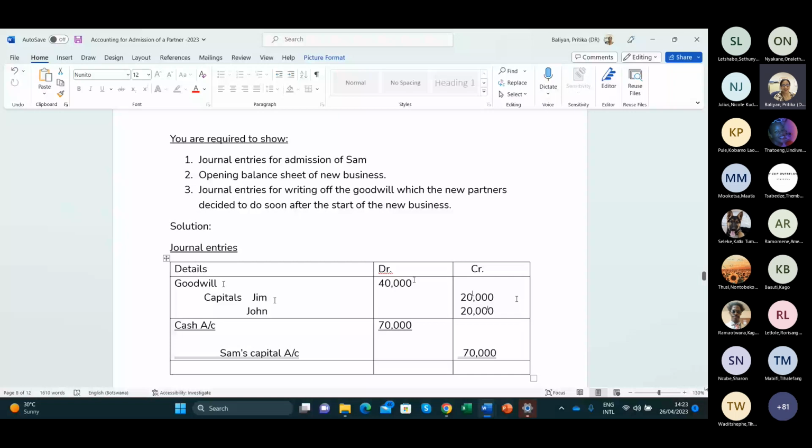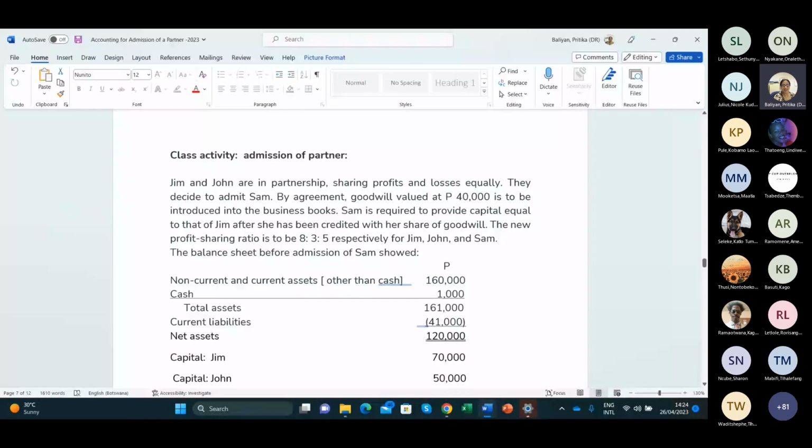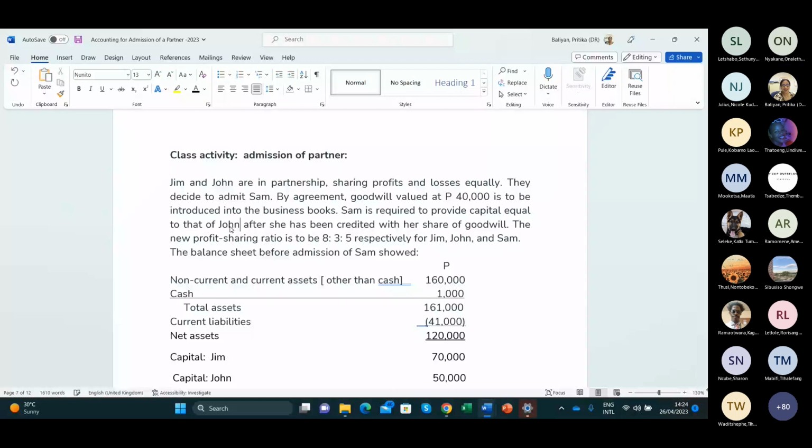Then Sam joins the business, and the question says Sam is required to provide capital equal to that of John after he has been credited with his share of goodwill.